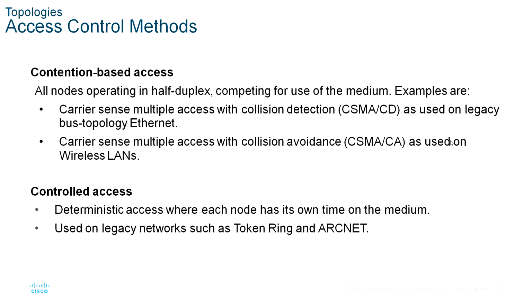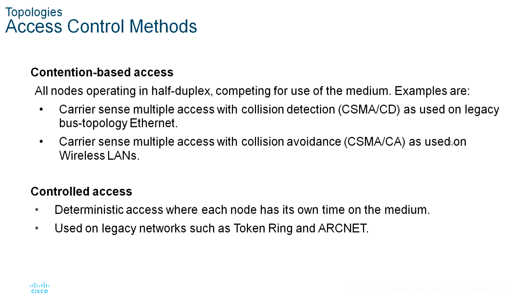Therefore, there is a process for when more than one device transmits at the same time. Examples of contention-based access methods include the following. The first one, carrier sense multiple access with collision detection, CSMA/CD, used in legacy bus topology Ethernet LANs. Carrier sense multiple access with collision avoidance, CSMA/CA, used in wireless LANs.